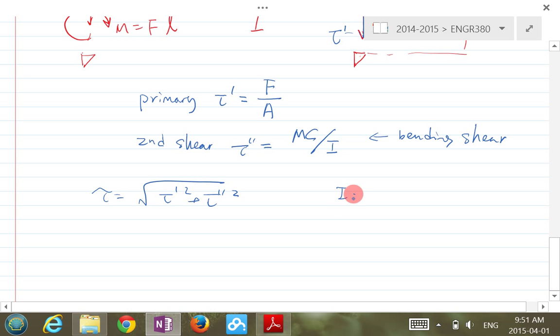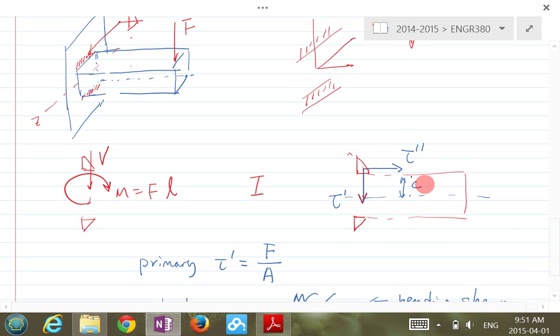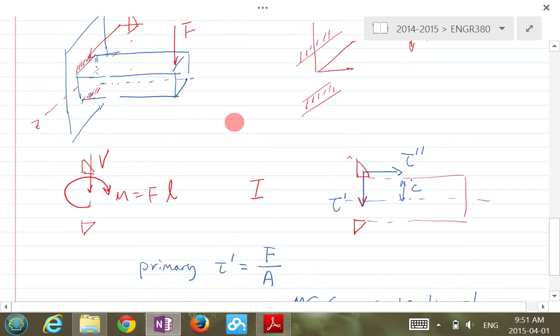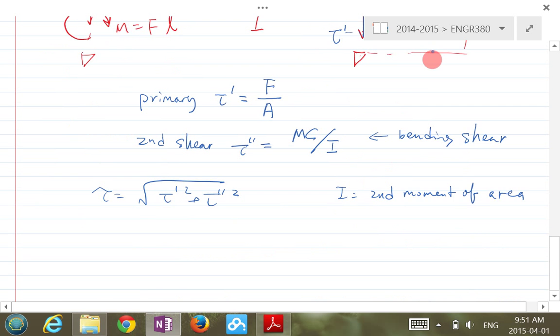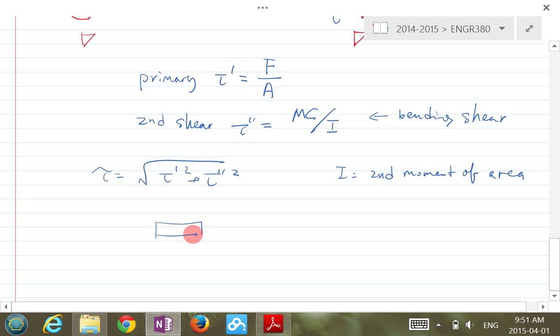The I here is called the second moment of area. So what's the second moment of area? For example, if you look at this group right here, the geometry from the front view is basically this. What you're looking for is the second moment of area of this group about this axis.